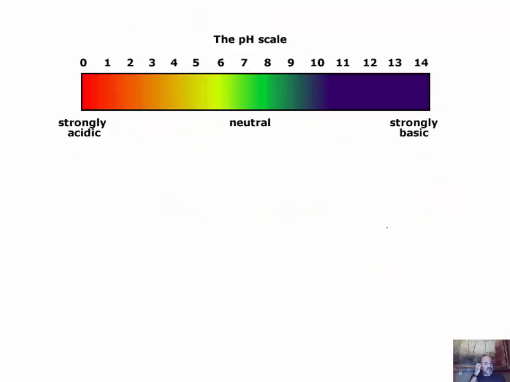So here's the pH scale. It's used to measure how acidic a solution is. I'm going to draw another scale here on the bottom. And this scale is going to be the concentration of protons, in moles per liter. So when you read this pH scale, it's actually referring to the concentration of hydrogen ions.